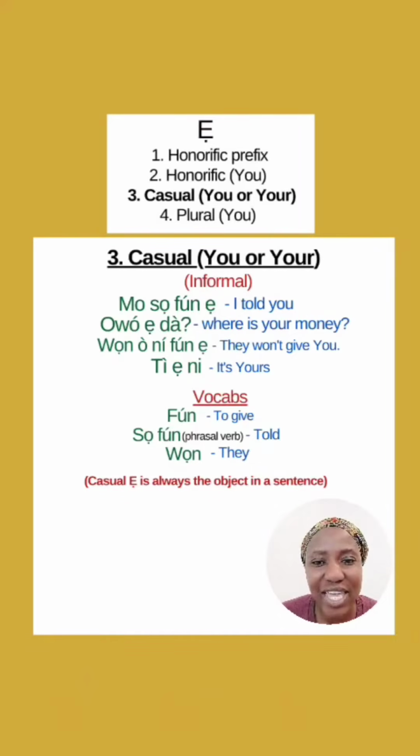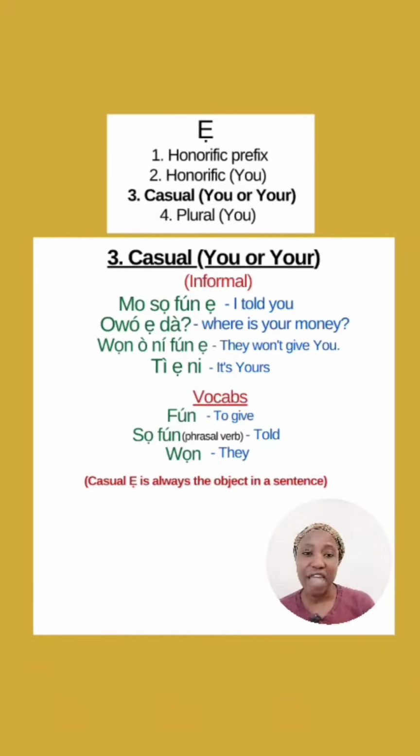The next one is owó ẹ̀dá. Owó ẹ̀dá. Where is your money? Again, ẹ in this sentence is used as an object. So someone is asking you, where is your money?